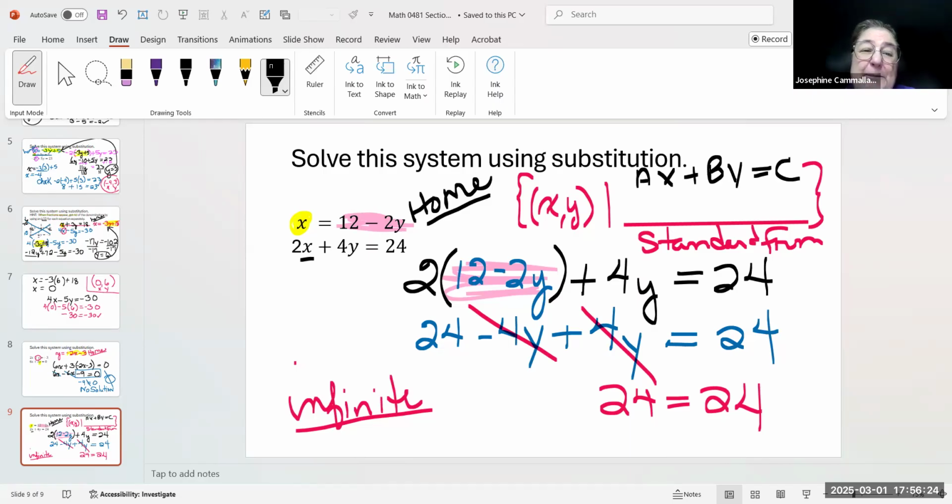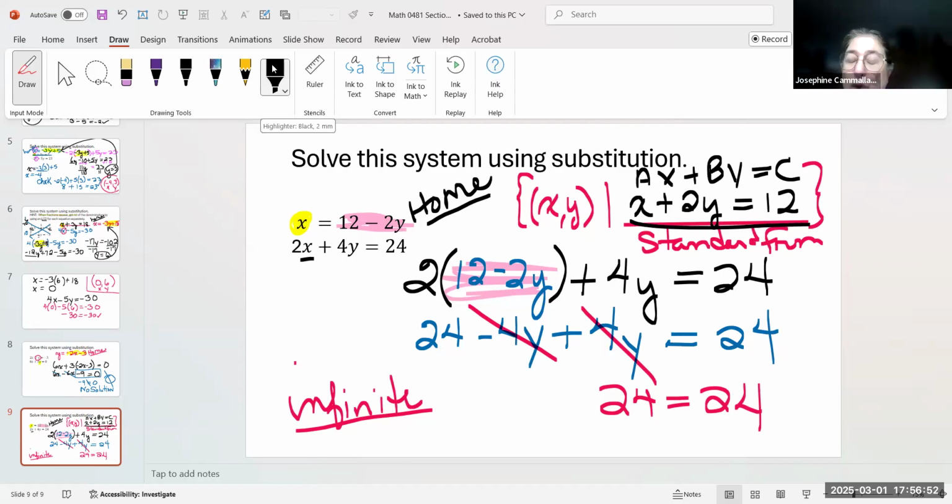We did substitution, so this will be x plus 2y equals 12. So if I see in parentheses the answer x comma y such that, and this equation is written in standard form, I know you solved it by substitution. Now, if you write the slope-intercept form, which we did in graphing, I'll take it, but I'm not sure that Alex will take it. But give it your best shot.